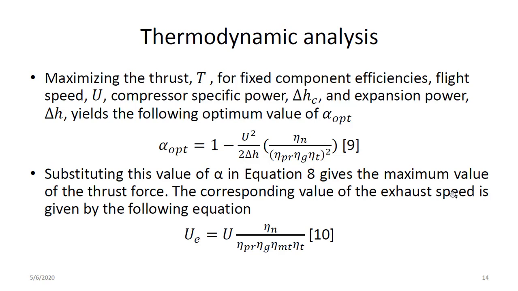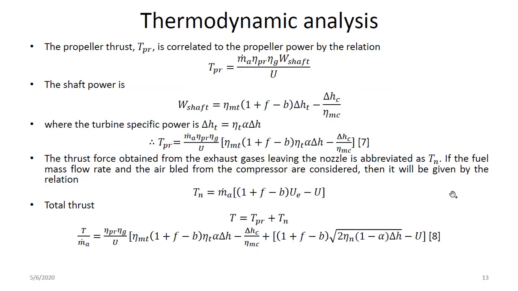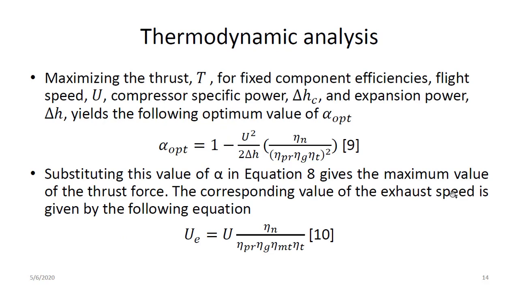Right? And if you substitute the optimum value into the specific thrust equation, so after optimizing the thrust, you get the optimum value of alpha. So you substitute alpha here and here, then you will get this equation 10.